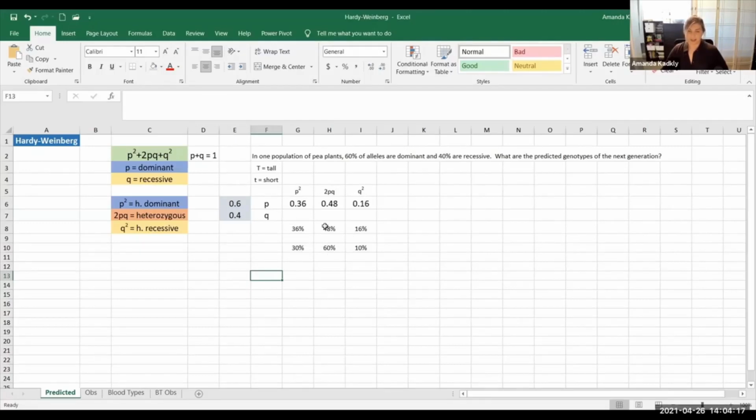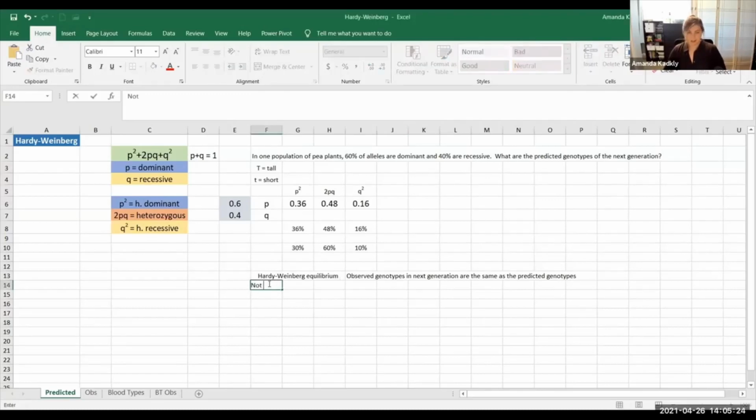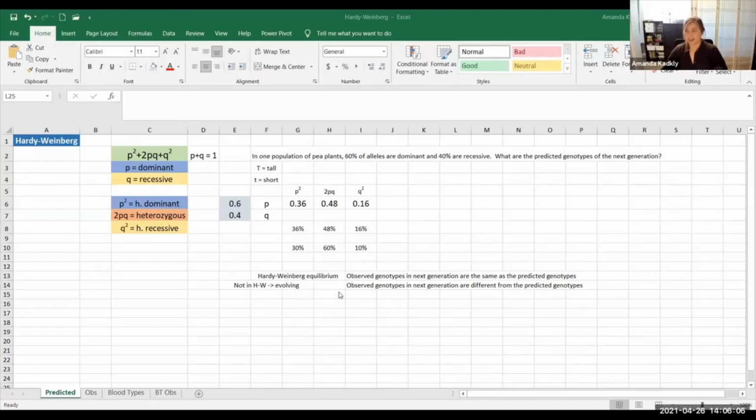It would have to be exactly the same as this prediction for it to be in Hardy-Weinberg equilibrium. If it is not in equilibrium, then it is evolving. It's basically one or the other. If we're looking at a population here, it will either be in equilibrium or it will be evolving.